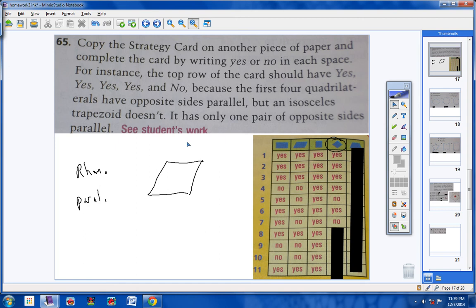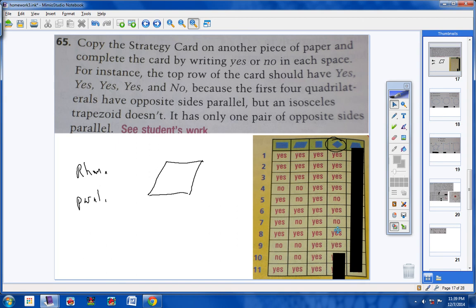Number 8, diagonals bisect each other. Yes, because a rhombus is a parallelogram, and parallelograms have diagonals that bisect each other. Number 9, diagonals are perpendicular. In a rhombus, the diagonals are always perpendicular. Number 10, diagonals bisect vertices. In a rhombus, the diagonals always bisect the vertices.